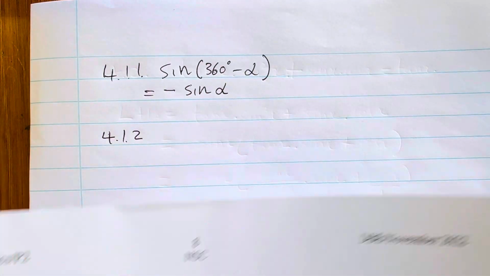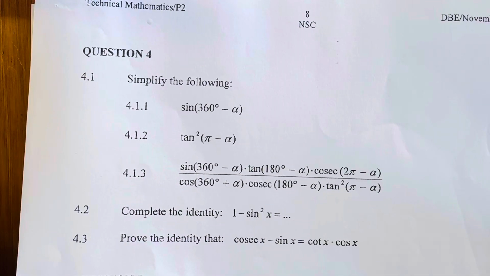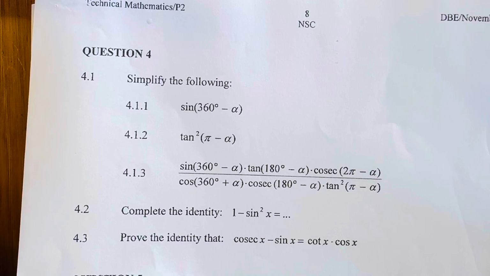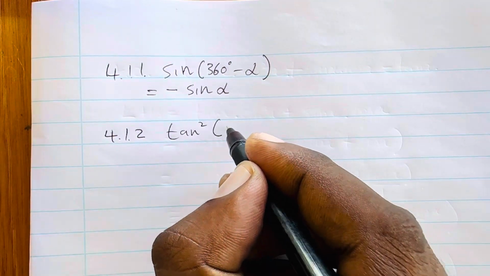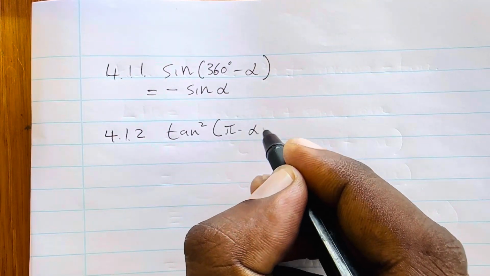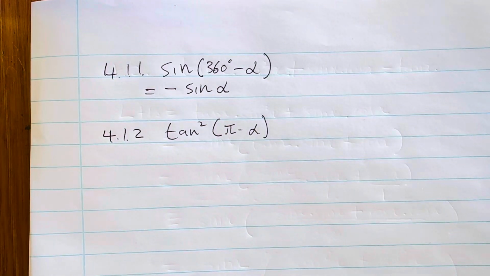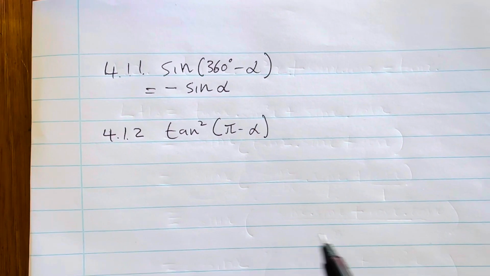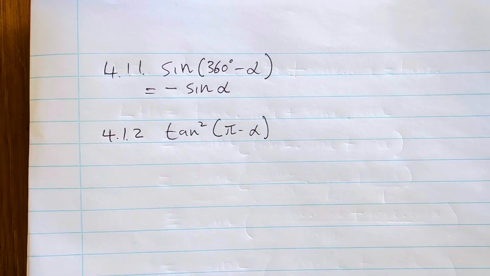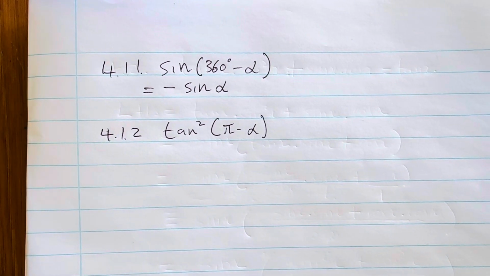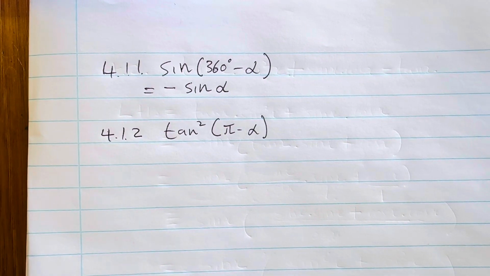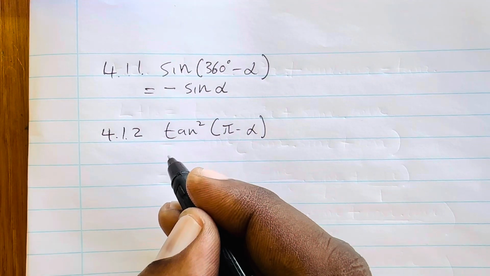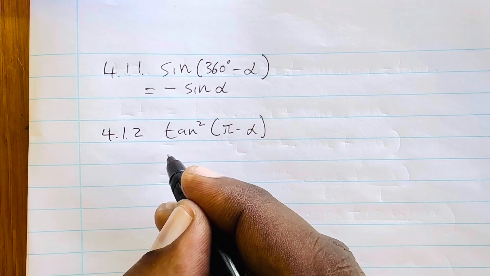4.1.2. We're given tan squared of pi minus alpha. Remember that we said pi is the same as 180. So it simply means we are having 180 minus alpha.